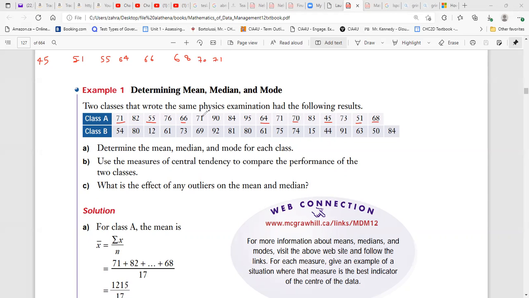We have another 71 here. Then we have 73, and 76, here, 76.